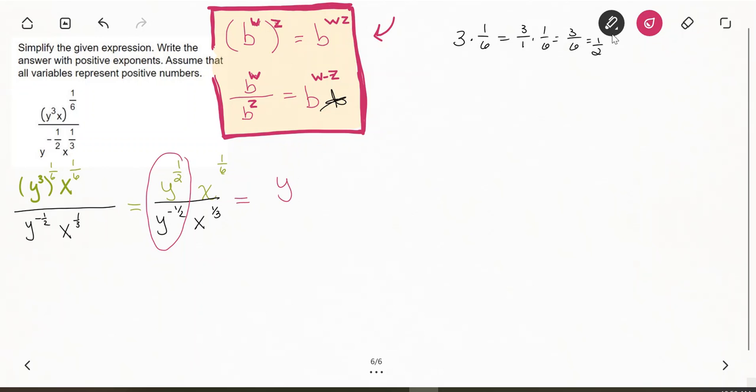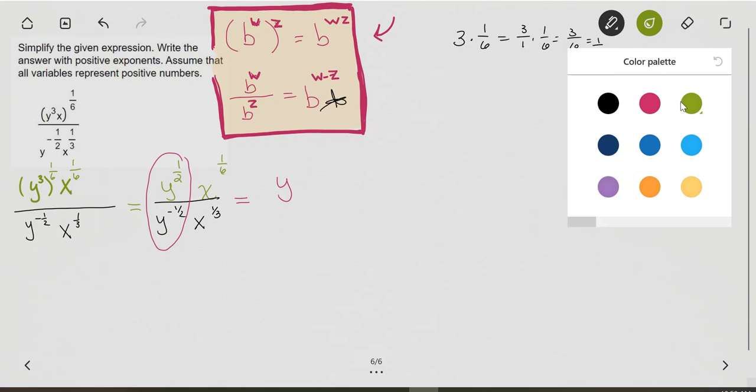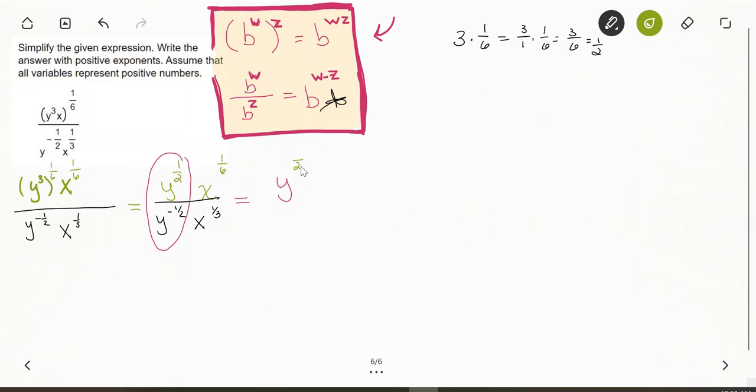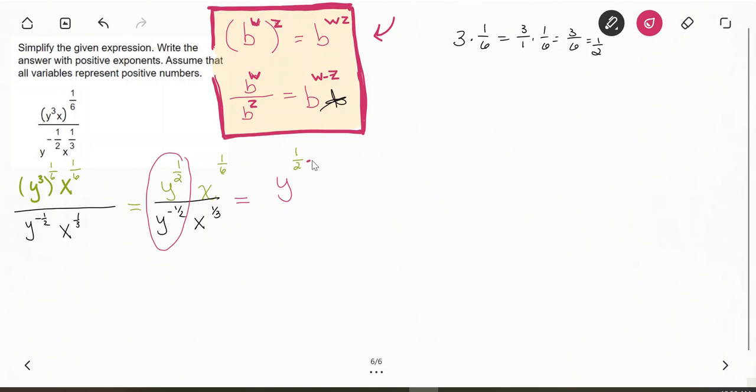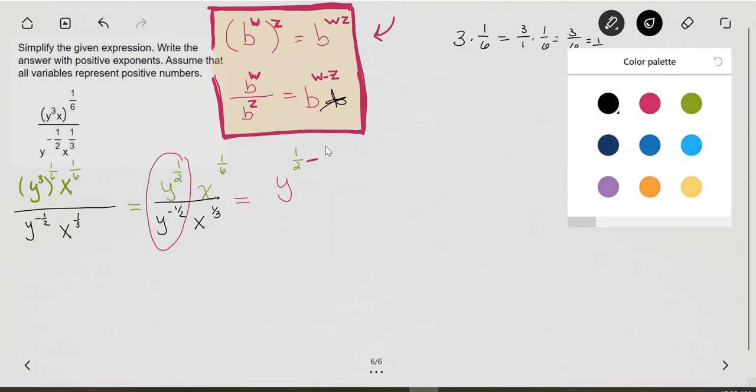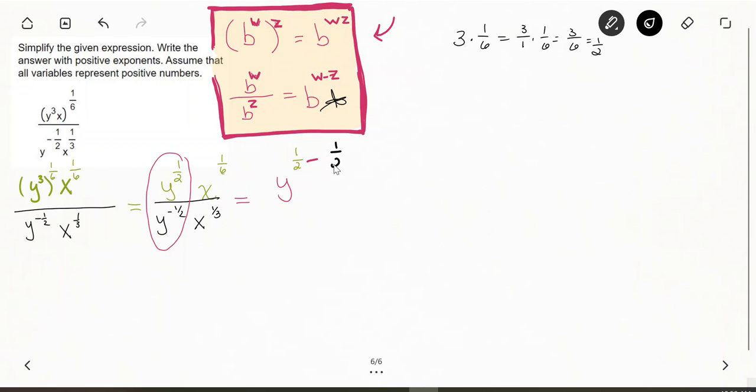So that's 1/2 from the numerator minus negative 1/2. And I wonder if this isn't a common mistake right there, because we're subtracting a negative number. So that's going to actually be the same as adding.